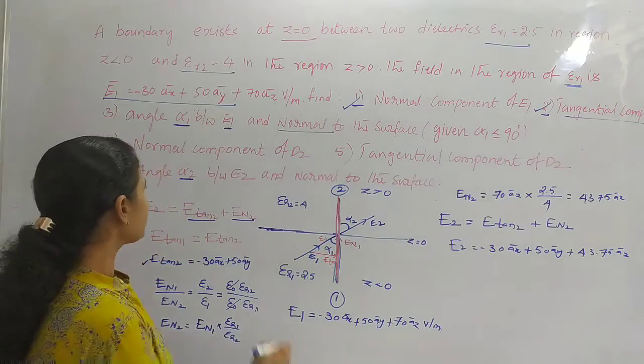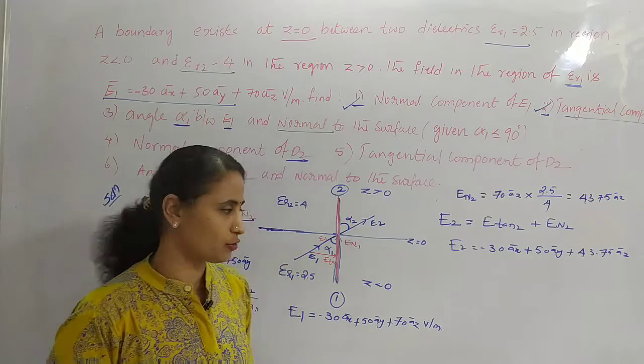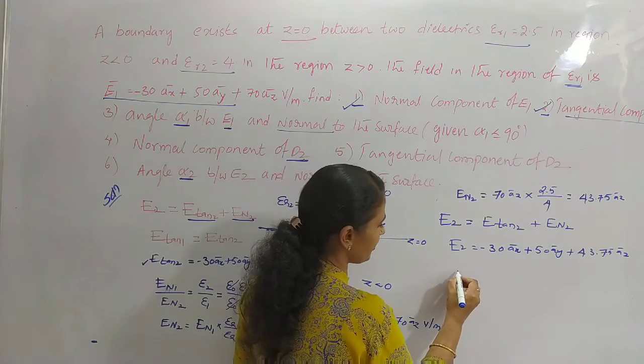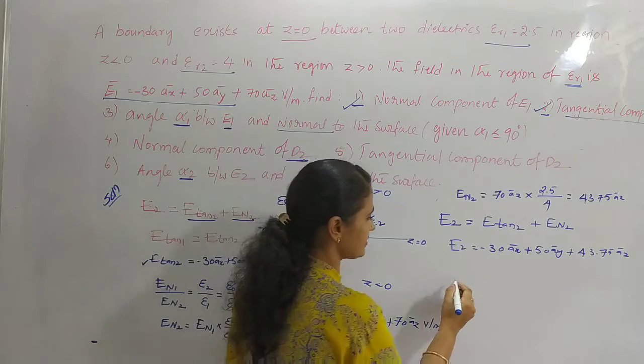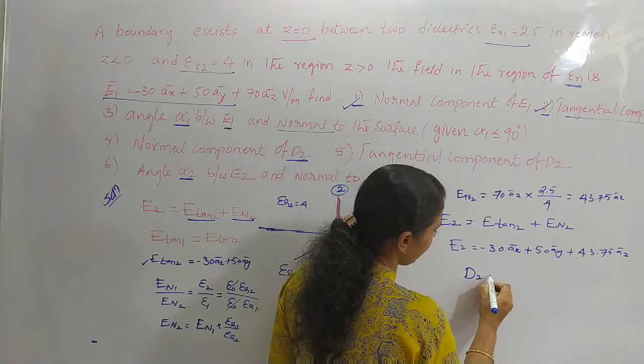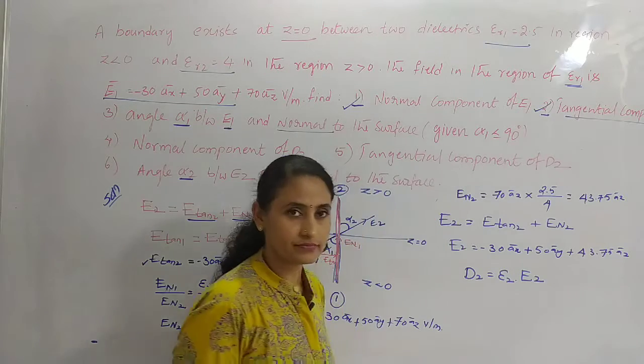But our question is to find the normal component of D2, and we have a relationship between D and E, that is, electric flux density and electric field. D2 is given by epsilon 2 into E2.